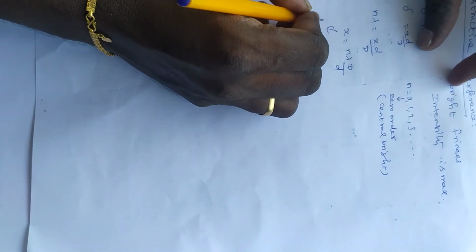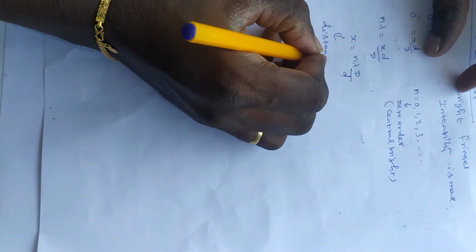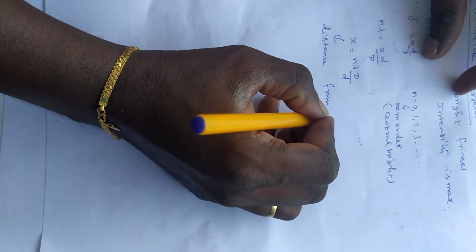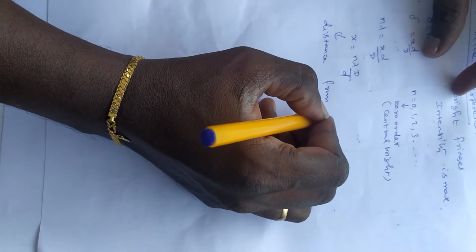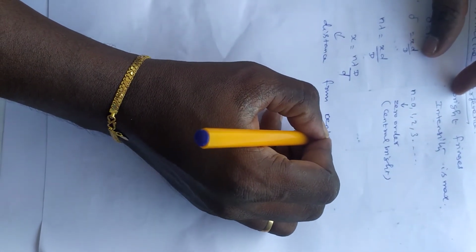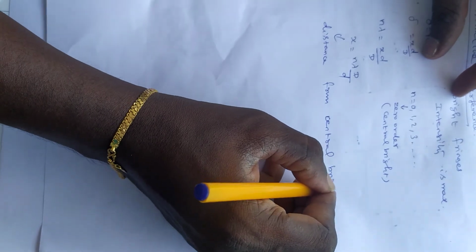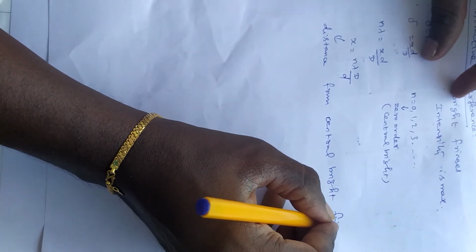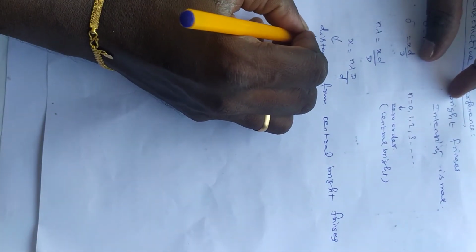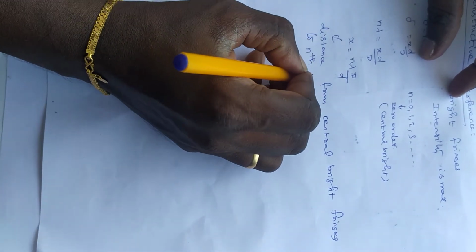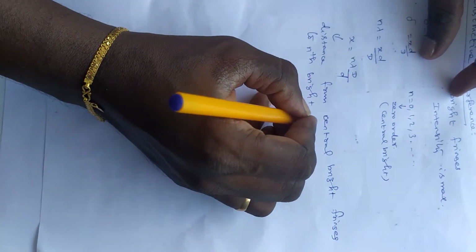What is meant by x? It gives the distance from the central bright fringe to the nth bright fringe.